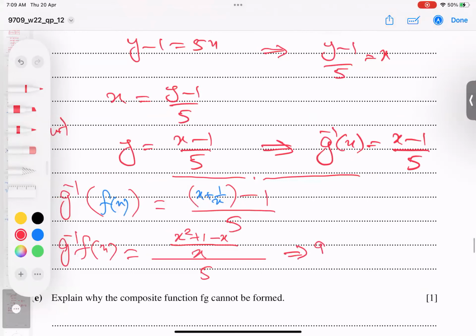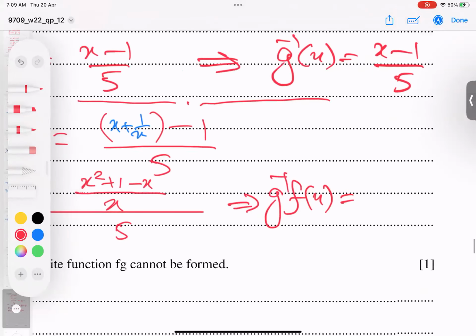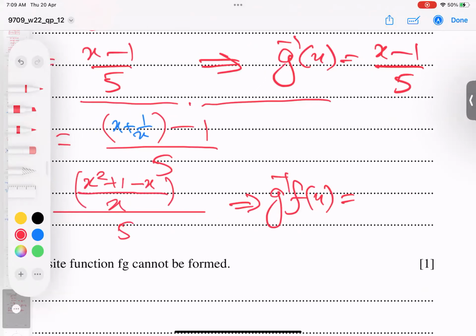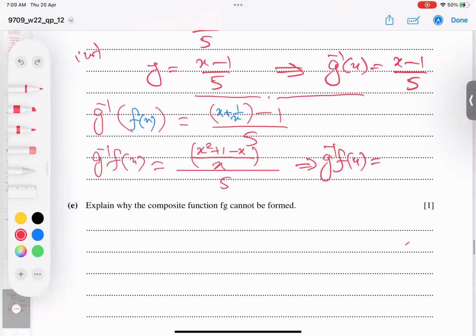Next step is g inverse f of x. According to this, there is a fraction in the numerator. Upper fraction always flips. For example, 5 by 2 by 3: 5 comes down and 2 goes down, like 2 into 3 and 5. So it's called flip.